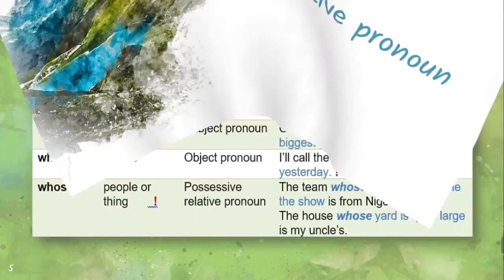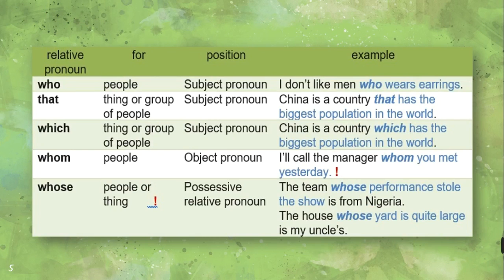Here are the examples for each relative pronoun, whether it is used for people or thing, then its position and how it is used. Let's see the first example.